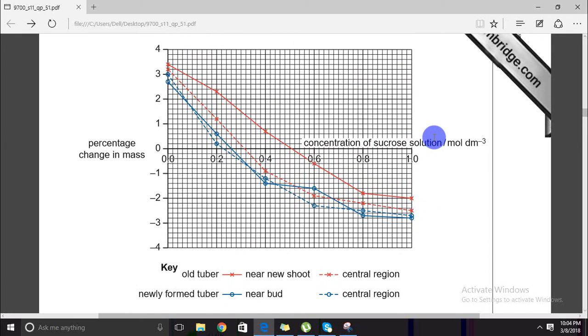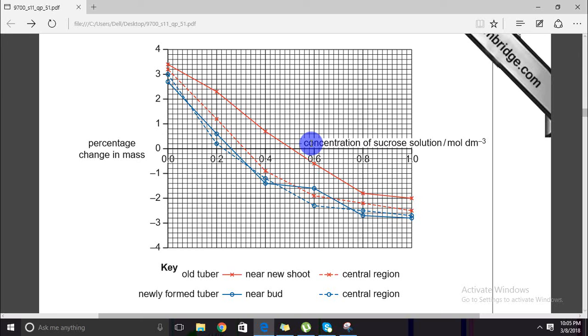So number 1, the student would need a couple of different sucrose concentrations, and at least, because how many plotted points does the student have? 1, 2, 3, 4, 5, 6.